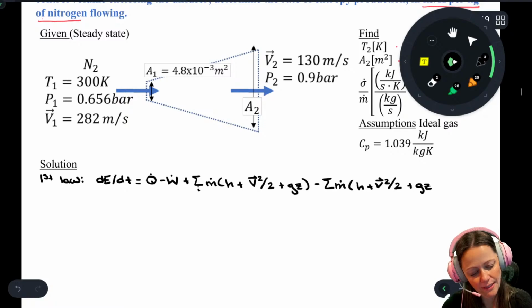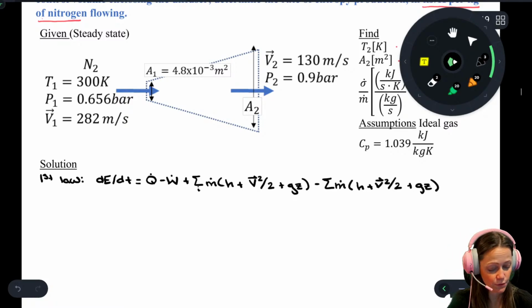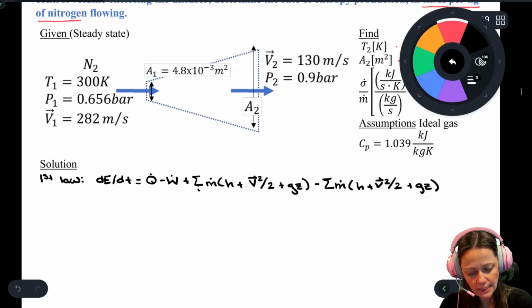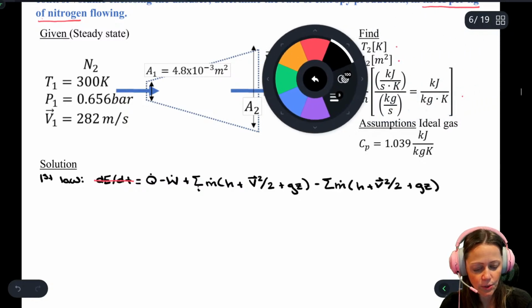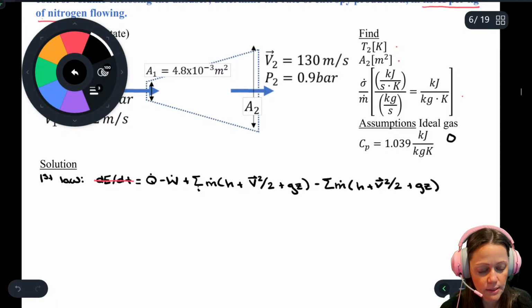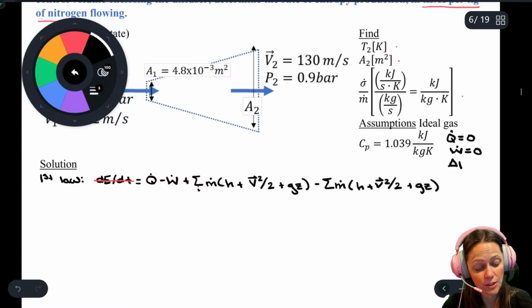All right, so there's our first law. I'm going to cancel out some of these things. It tells us that it's steady state. And the typical assumptions for a nozzle are Q dot equal to 0, W dot equal to 0, and changes in potential energy equal to 0.